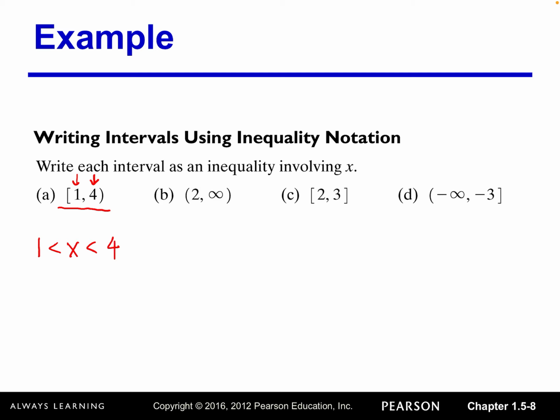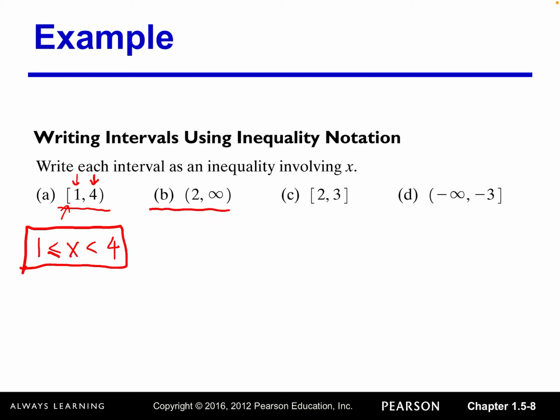Then we determine whether to include the boundary number or not. On the left-hand side it is inclusive, so we need to add an equal sign. The right-hand side is exclusive, so we just have the less than, no equal sign. This is the corresponding inequality notation.